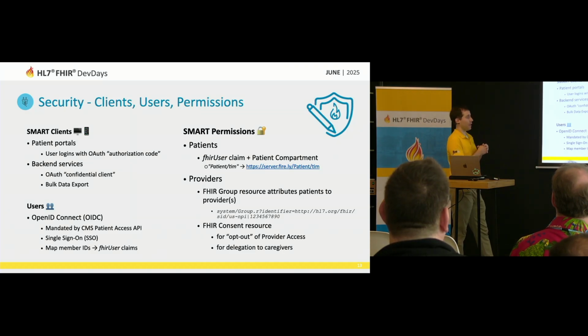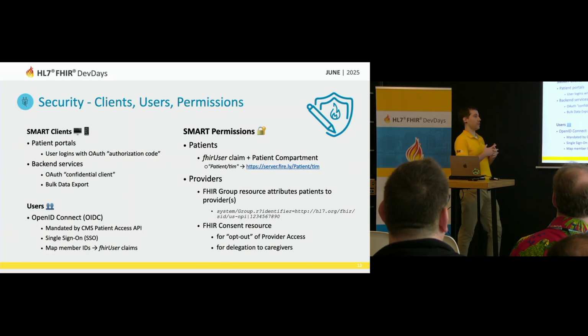And then on top of that, this isn't in Smart on FHIR, you'll probably want to use the patient compartment to grant access to other related resources to that patient, only if the user's FHIR user claim corresponds to, again, the logical ID of a patient resource.